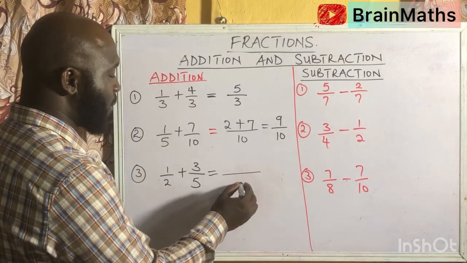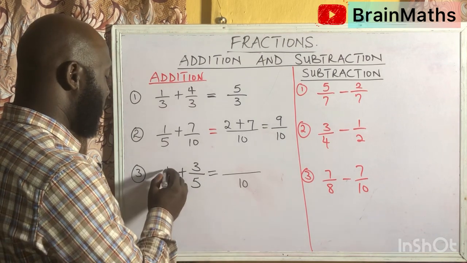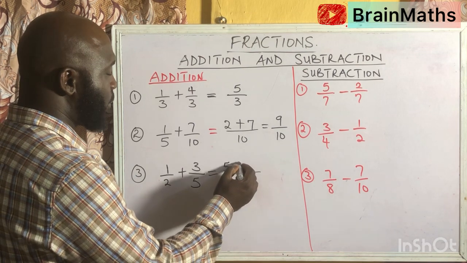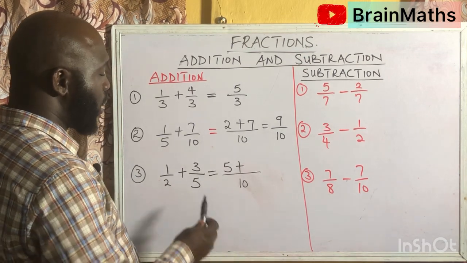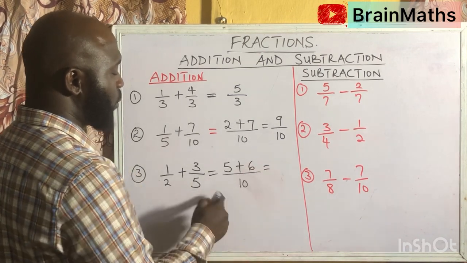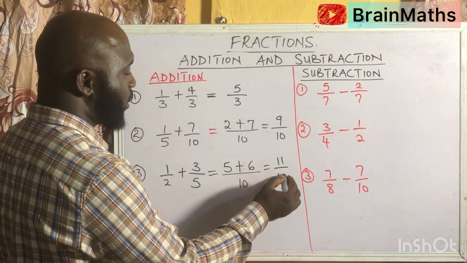So 2 times 5 will give us 10. How many 2 can we get in 10? 5. 5 times 1, which is the numerator here, will give us 5, plus how many 5 can we get in 10? That is 2, and 2 times 3 will give us 6. So we say 5 plus 6, 11 over 10.